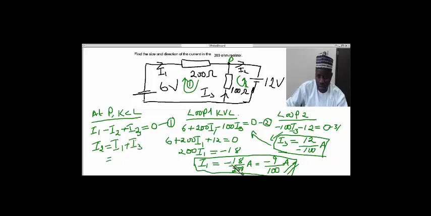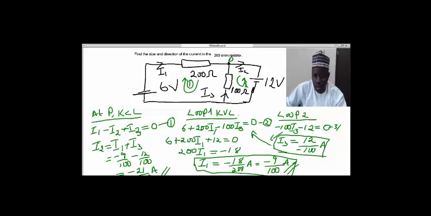So my I1 is minus 9 over 100, then plus I3, which is also minus, so it's minus 12 over 100. Since I have the same LCM, therefore I2 is now going to be minus 21 over 100 ampere.